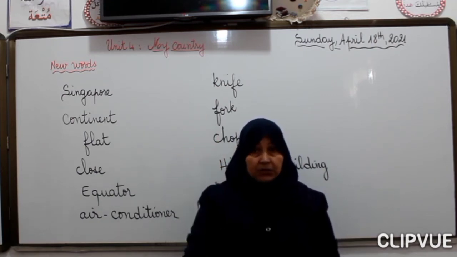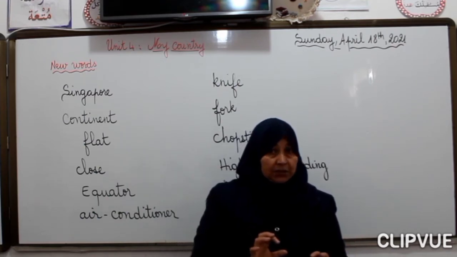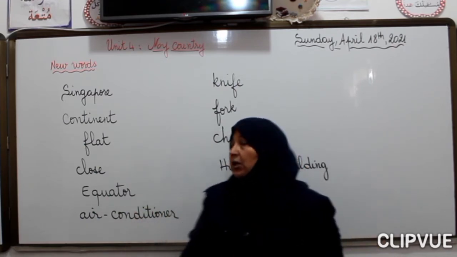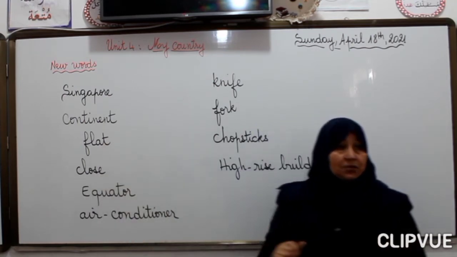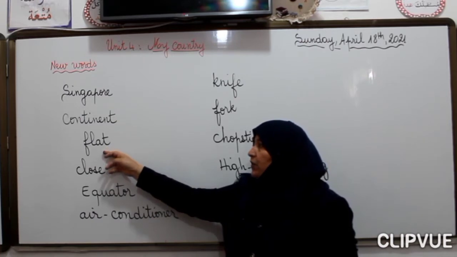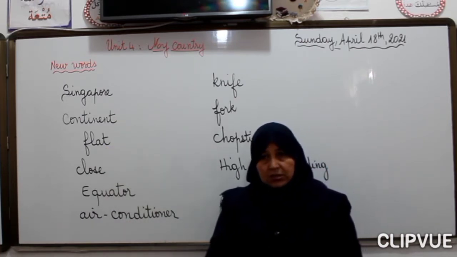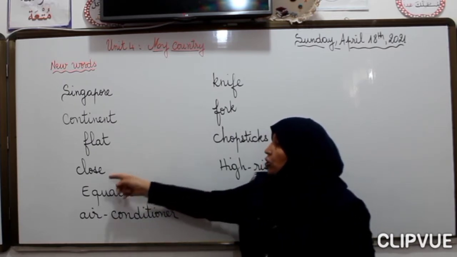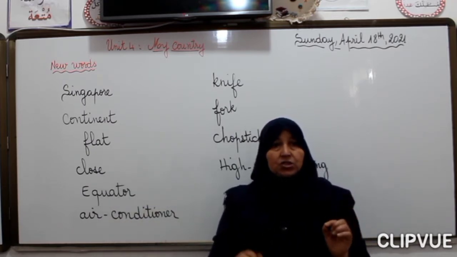We say flat and apartment, British English and American English. People sometimes live in flats, and other people live in houses.